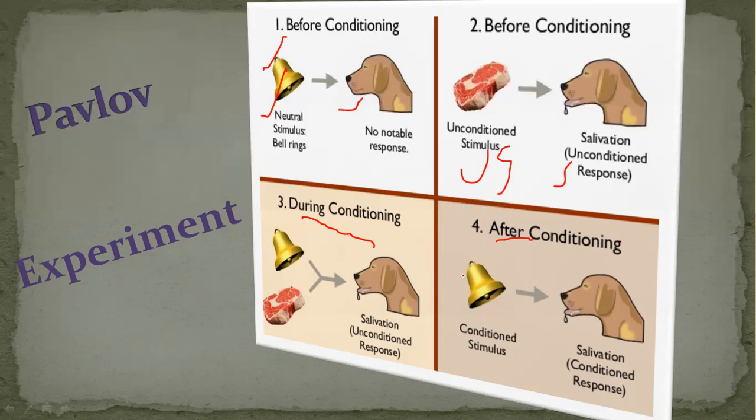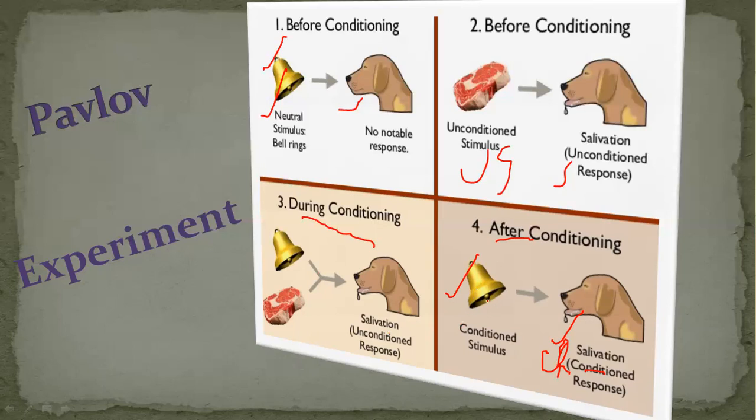But after several attempts, the bell just started to ring and the meat was not provided, yet whenever the bell rang, the dog salivated, whether the meat was present or not. So this is the conditioned response, the CR, in which the dog responds just to the bell, not to the meat, because both are conditioned for one another. So that is the conditioned stimulus.